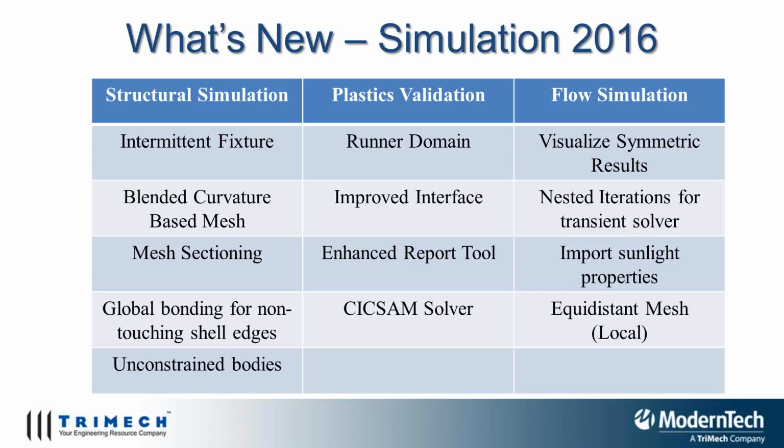The ability to import sunlight properties for solar radiation projects, and last but not the least, the equidistant mesh allowing the users to more efficiently and more accurately model refinement zones or recirculation zones right around the surface or volumes of a geometry.